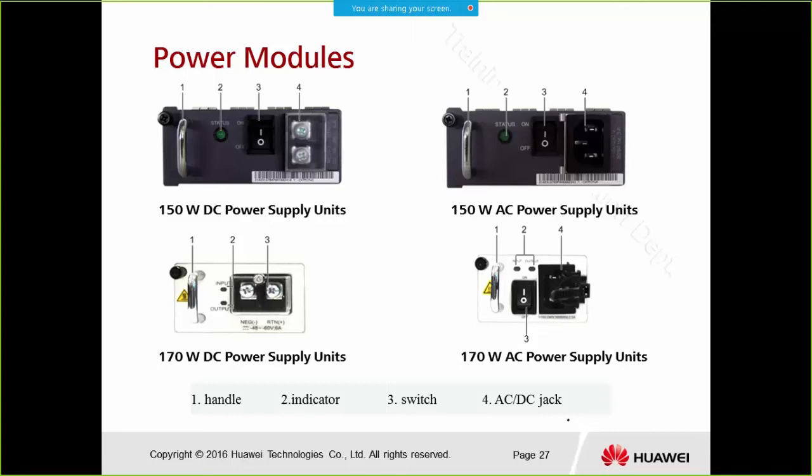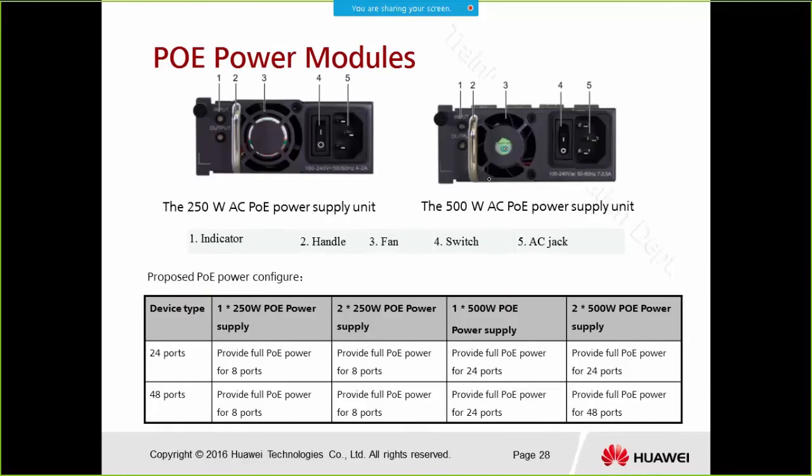And power modules. We know there are 2 types of power modules, AC power and DC power. But most of the power modules are AC power. If some switches support the PoE function, then we need to use PoE power modules, which are much larger than the normal power modules.